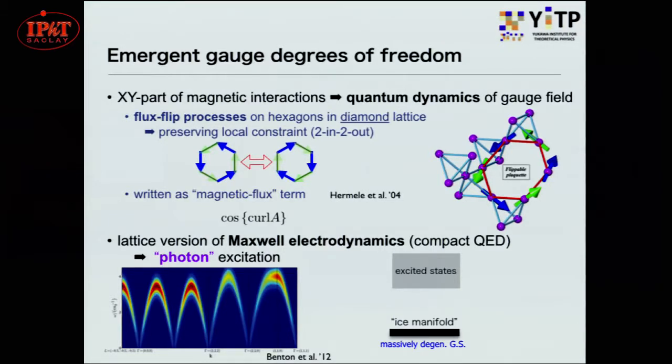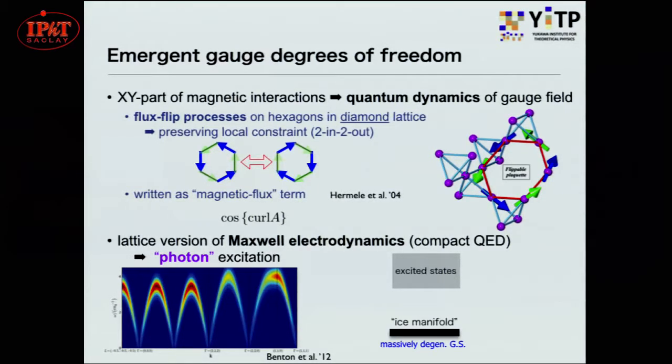Okay, so what about introducing quantum fluctuation to this highly degenerate ground state manifold? If you carefully analyze the non-trivial flipping processes which quantum fluctuation gives you, then we get this kind of flux flipping process. This is a spin configuration along this hexagon formed by 6 tetrahedra.